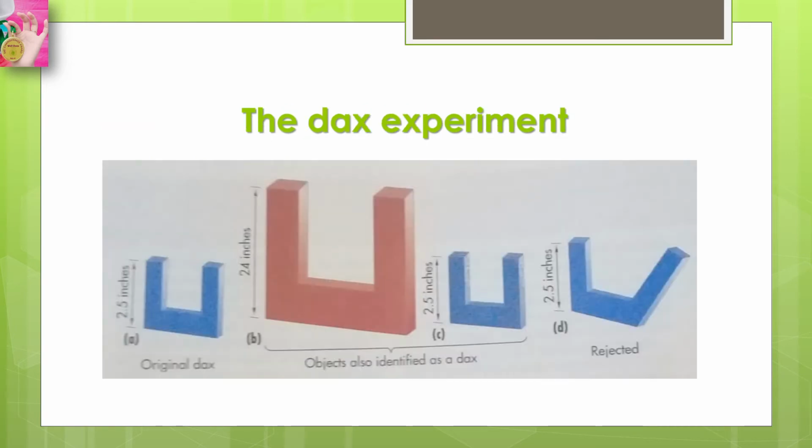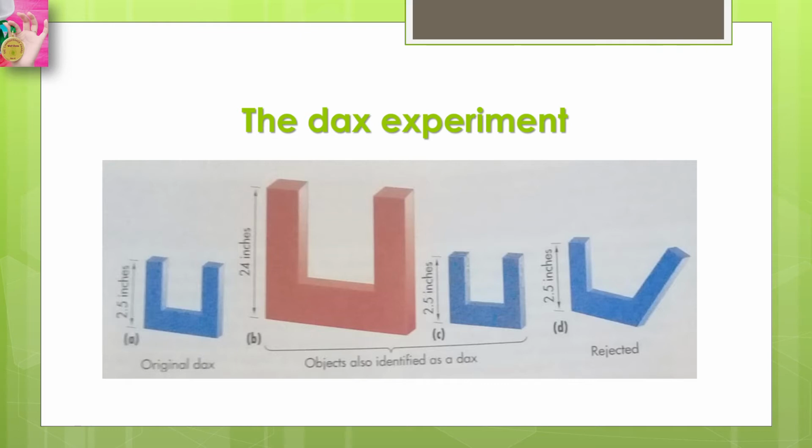A clever series of experiments demonstrated the importance of shapes in object identification. 3-year-olds were shown a blue wooden object like the one depicted right here on the screen.